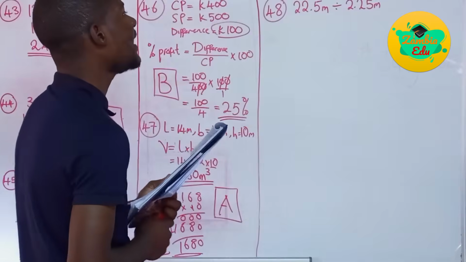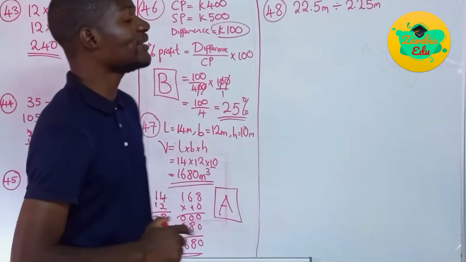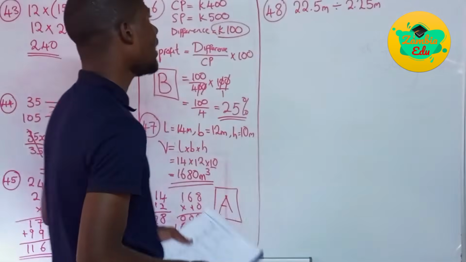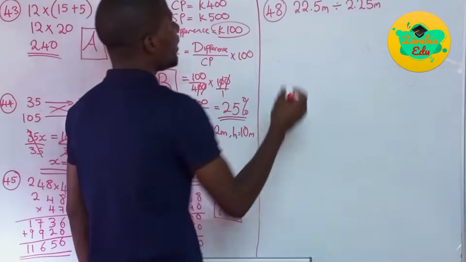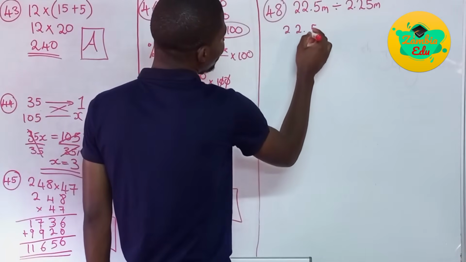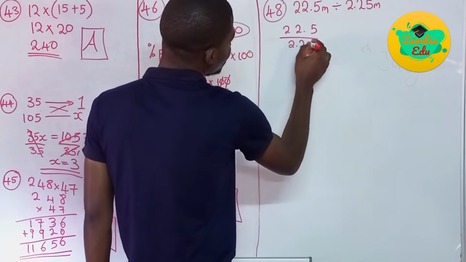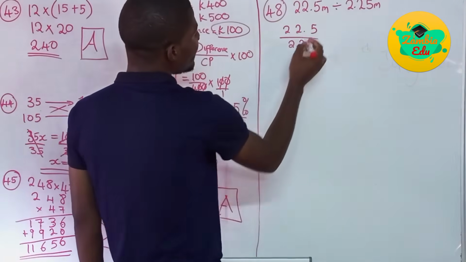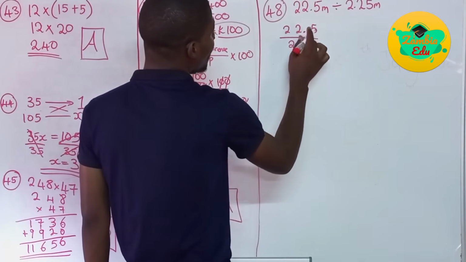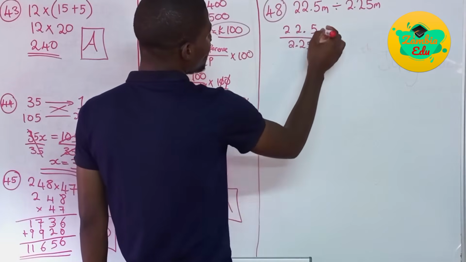So, simply there, I've put a division because one of the things that we can see is that they are simply asking us to divide. So we put 22.5 over 2.25. So let's first of all get rid of the decimal places so we divide properly.